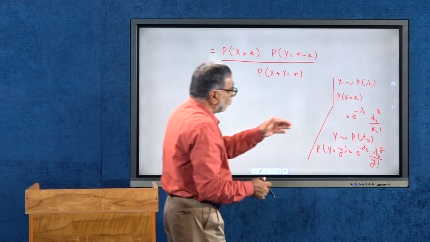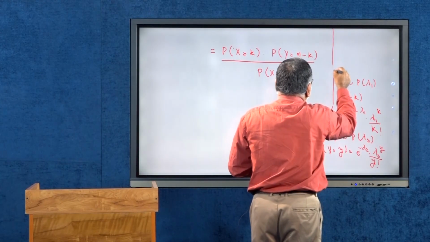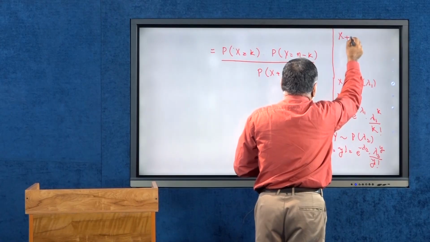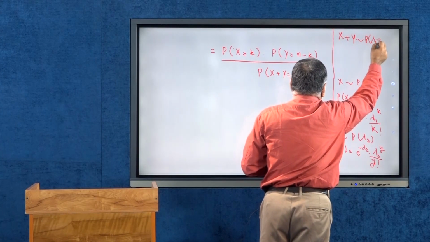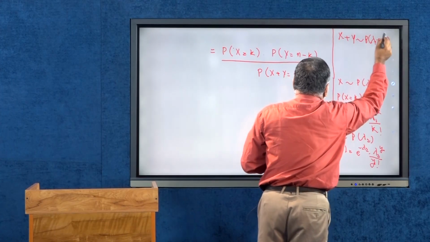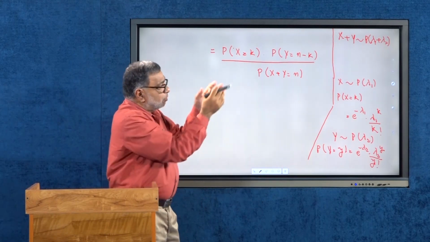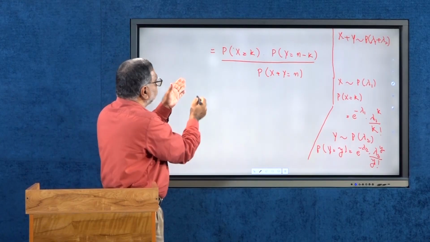Substitute, and one more thing we can write: since X and Y are independent, X plus Y follows Poisson. By the additive property of Poisson random variables, lambda 1 plus lambda 2 is the parameter. Make use of all these arguments and substitute here.